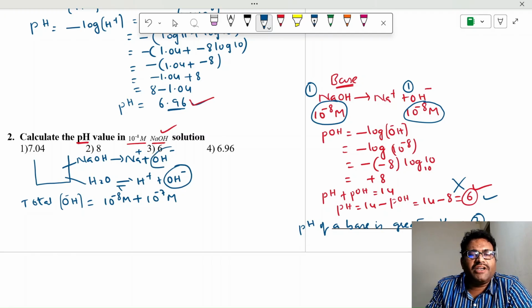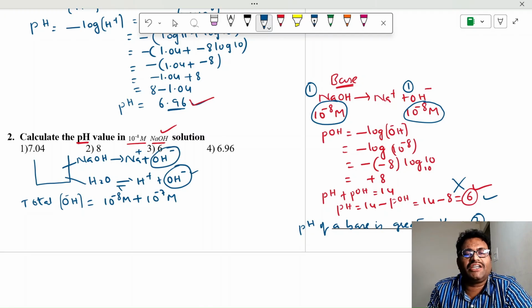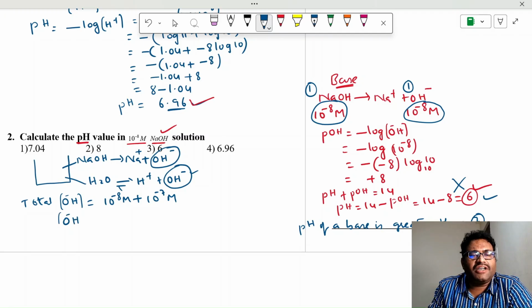So this OH minus is from NaOH, and this OH minus is from water dissociation. Then the total OH minus ion concentration can be written as 10 power minus 8 plus 10 into 10 power minus 8. By taking common, we get 11 into 10 power minus 8.